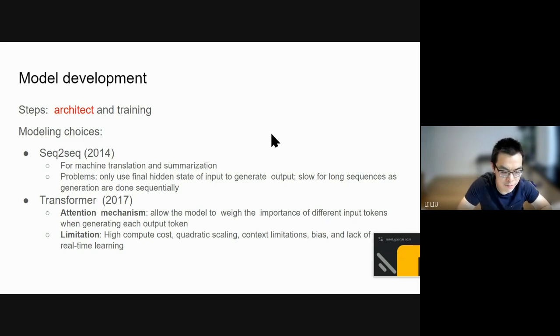If you're interested, you can check out these ones as well to see whether it's actually better or has any potential to take over the transformer architect.